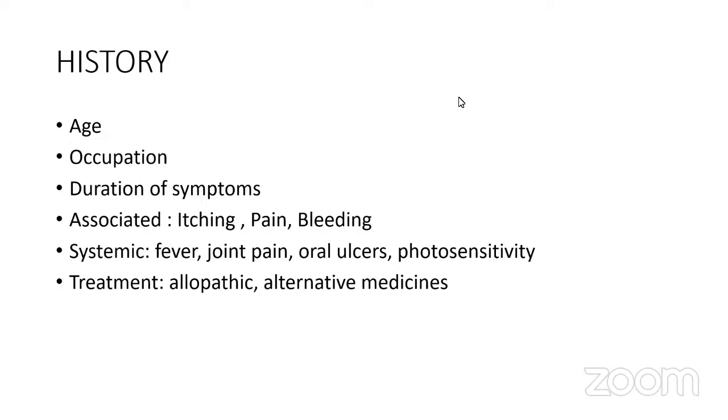Then in history, duration of symptoms is important because usually acute means infection. Any autoimmune etiology or autoimmune pathology means they'll have chronic symptoms. Then always it's better to ask associated symptoms like itching. Usually eczema and different kinds of dermatitis are very itchy.